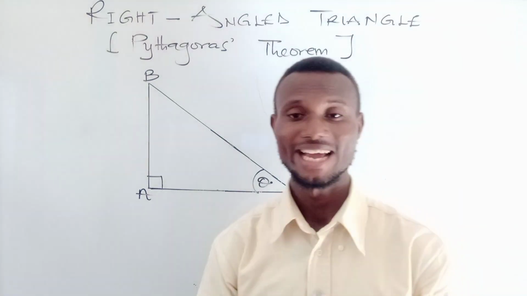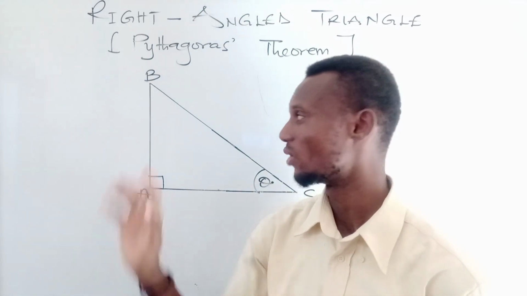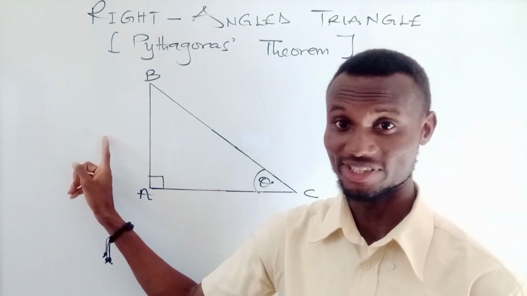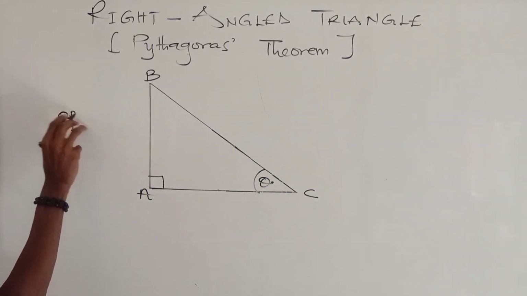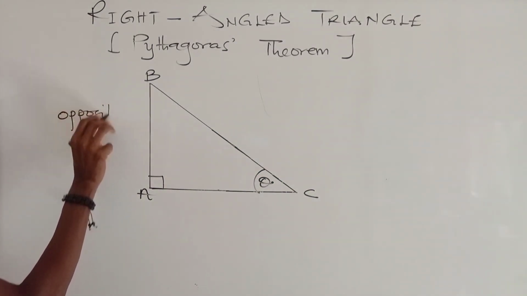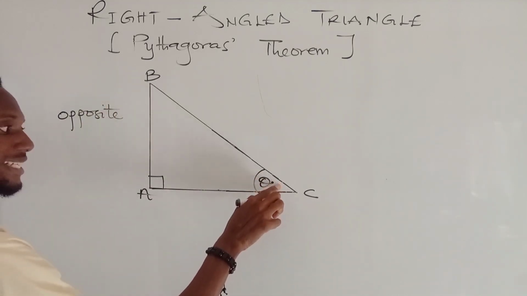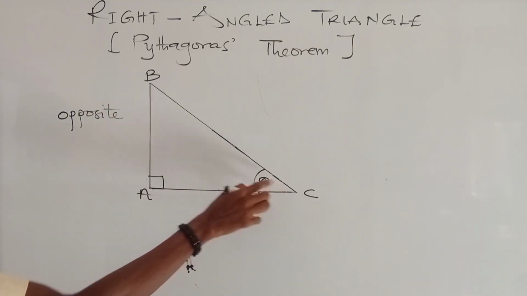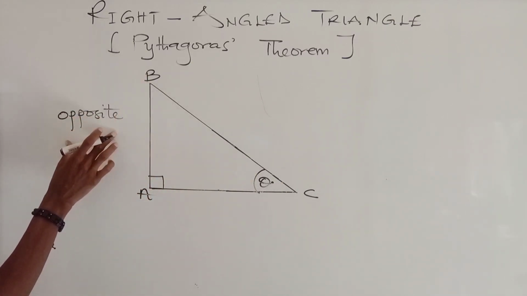I hope the explanation is clear enough up to this point. So I'm going to write my opposite here. So here is our opposite. This side is the opposite, because it is the side opposite to the angle theta formed here. So line AB is referred to as the opposite.